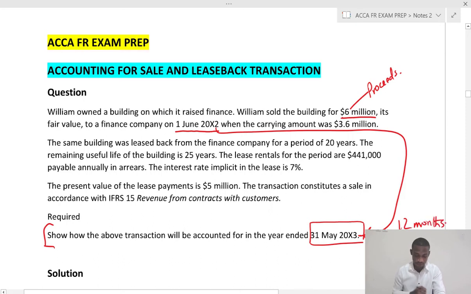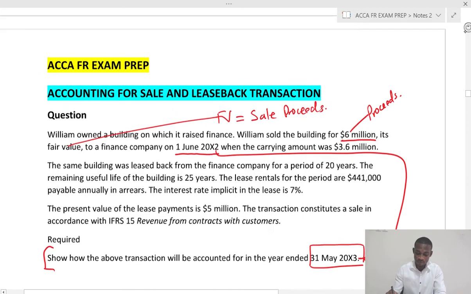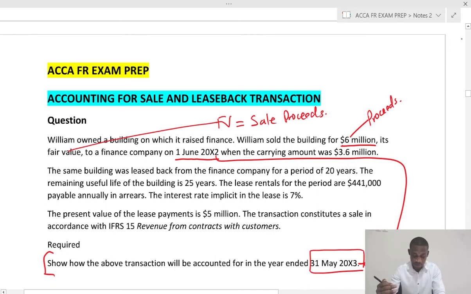Very important. Now, again, in accounting for sale and leaseback, remember we have to compare the fair value to the sale proceeds. And always remember the principle: if the fair value is equal to the sale proceeds, then we say it's a normal sale.